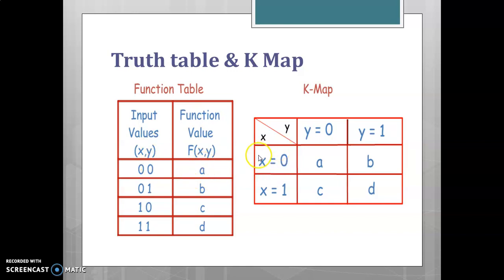The same way, X takes a value of 0, Y takes a value of 1, for which the function value is B. X is 1, Y is 0, the function value is C. When X is 1, Y is 1, the function value is T, which is given here. So as we can see, K-map is just the other form of representation.